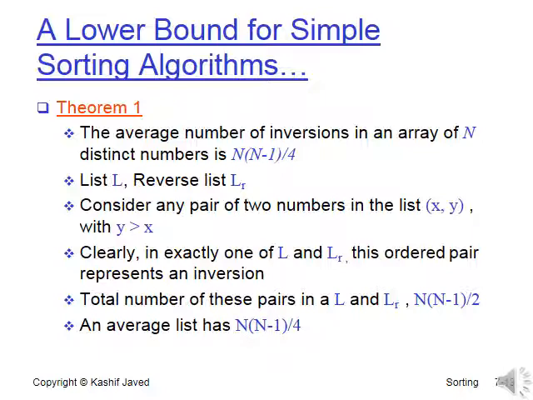Clearly, in exactly one of the list L and the reversed list L_R, this ordered pair represents an inversion. The total number of these pairs in the list L and its reversed list L_R is n times n minus 1 divided by 2. Thus, an average list has half this amount, or n times n minus 1 divided by 4 inversions.